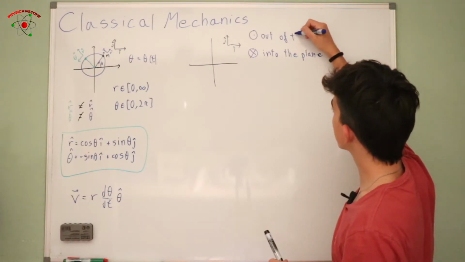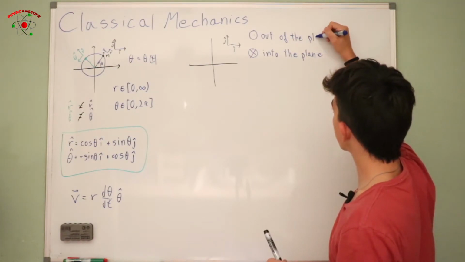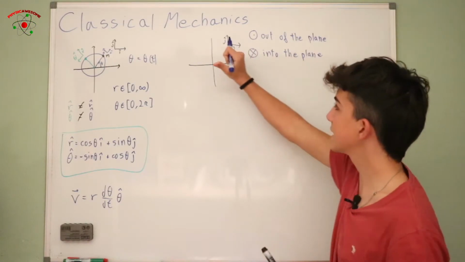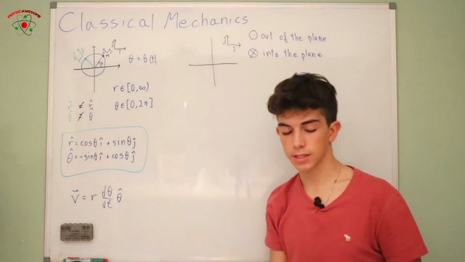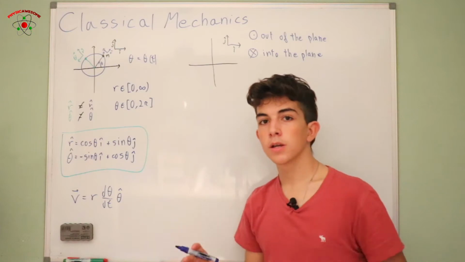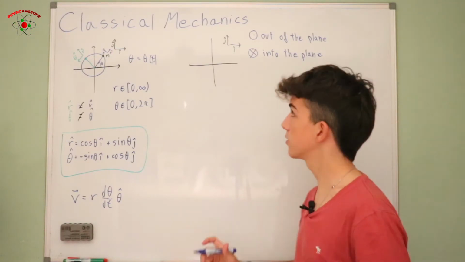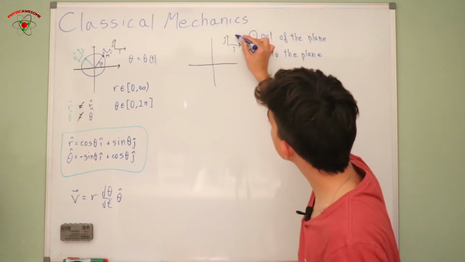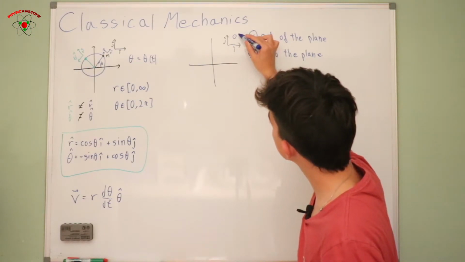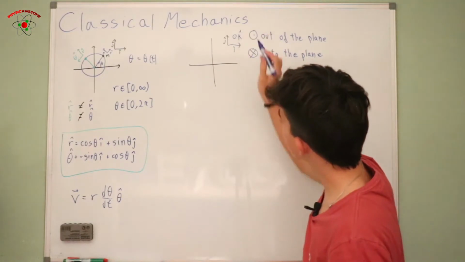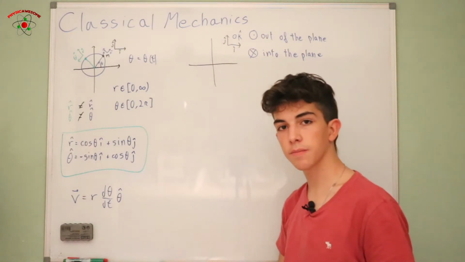So in this direction, in this case. That way, we will define our k hat vector, the vector pointing in the z-axis.